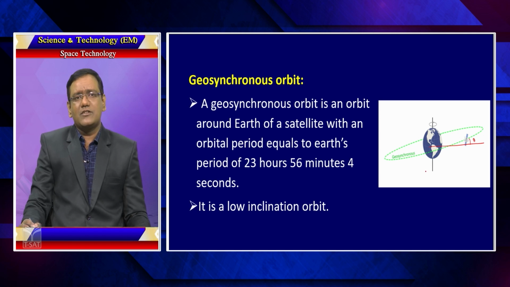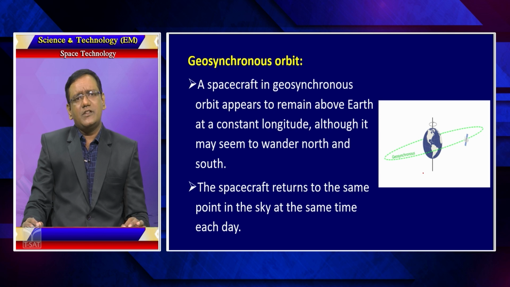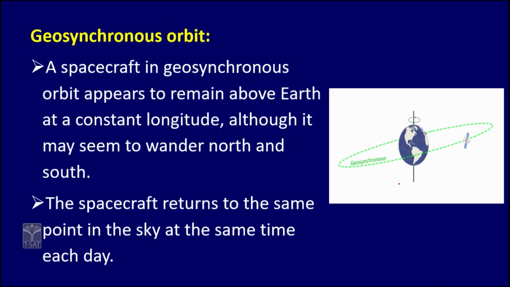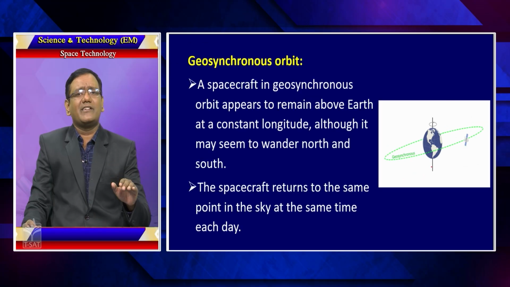A spacecraft in a geosynchronous orbit appears to remain above the Earth at a constant longitude. Although it may seem to wander north and south, since this satellite has the same time period as the Earth's, it looks constant on a particular longitude.